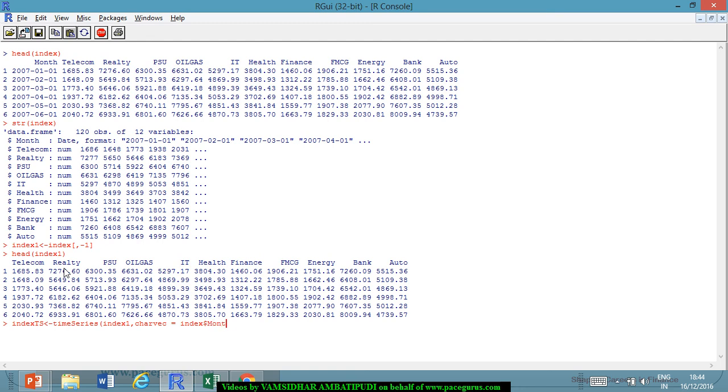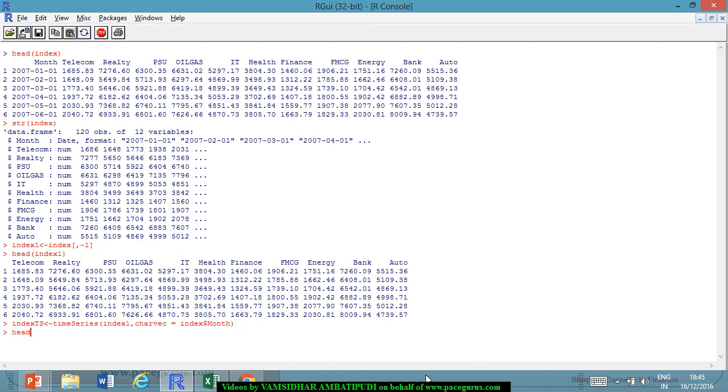It should contain those columns which should not include the month column. So either I should have given it as index, all the rows, I should have taken the subset of index itself rather than index 1, which is like index of all the rows and minus 1 column. Character vector I could have taken directly as index dollar month.